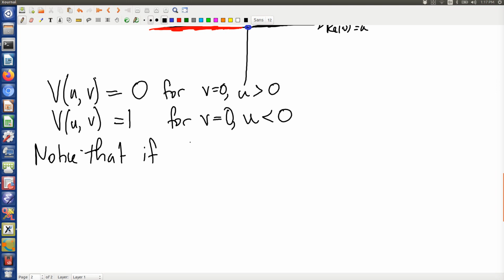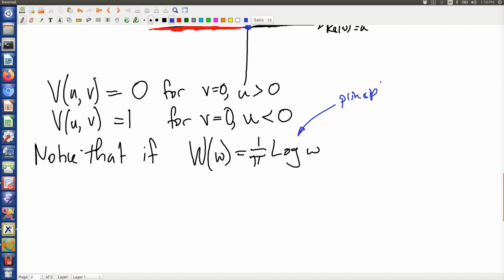So if I say capital W of little w is equal to 1 over pi times the logarithm of w, and this is the principal branch, so the argument is between minus pi and pi.